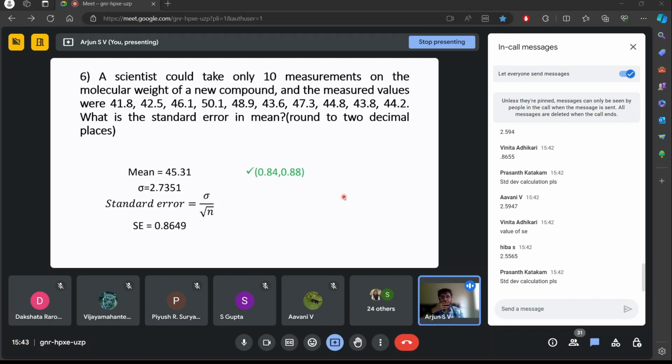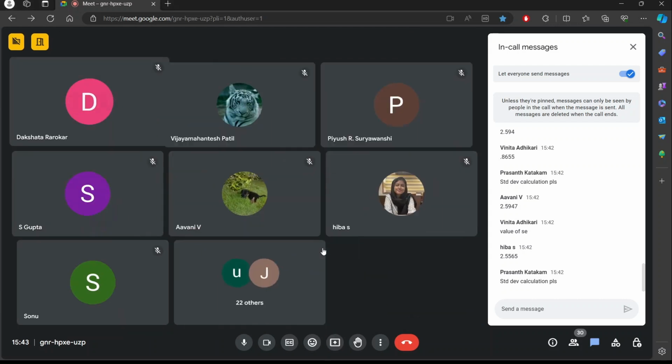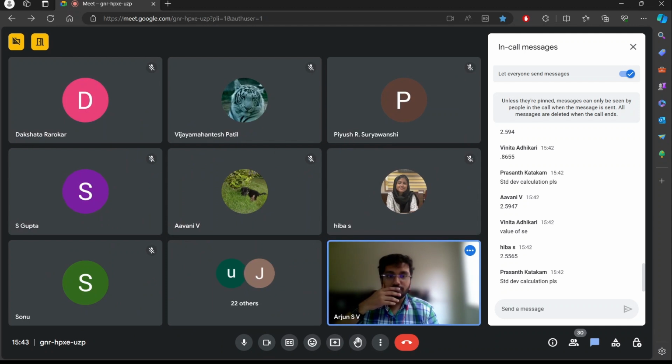Maybe I can just open Excel for you guys and do a live demo of this and then we can find it. Yeah, 2.735142 is correct only, I think.